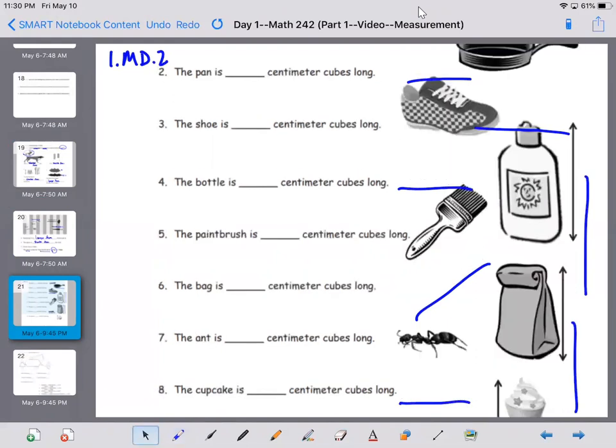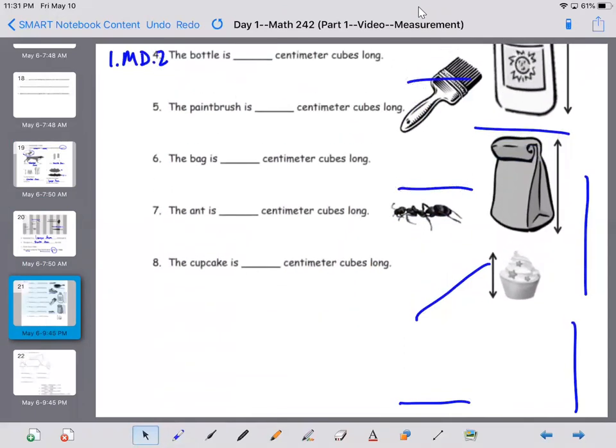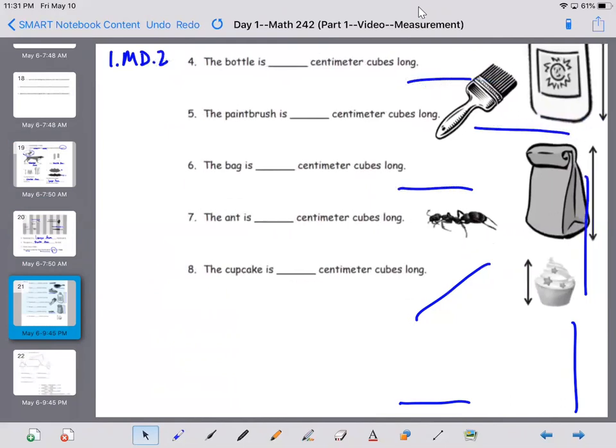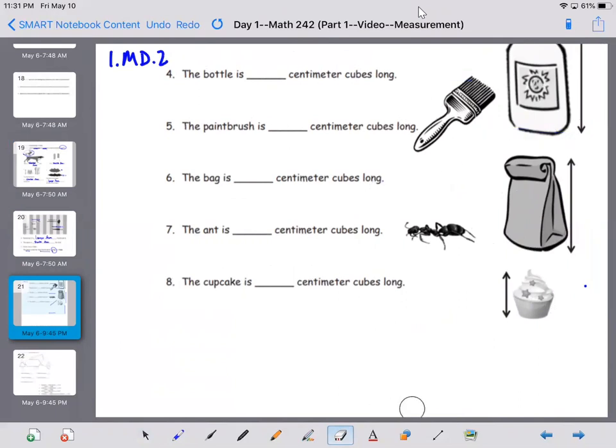And then you see you've got others as well. I thought I had some more on there, but you got the cupcake, and you would measure the cupcake in the same manner. So great activity, beginning that measurement with unit cubes, which we'll see moving into using the centimeter ruler.